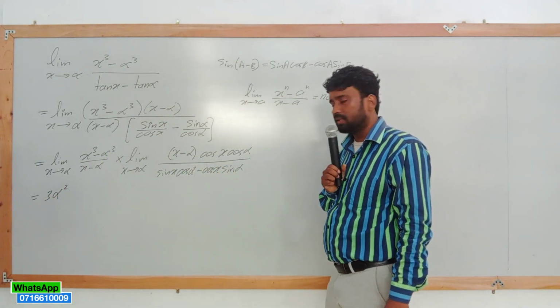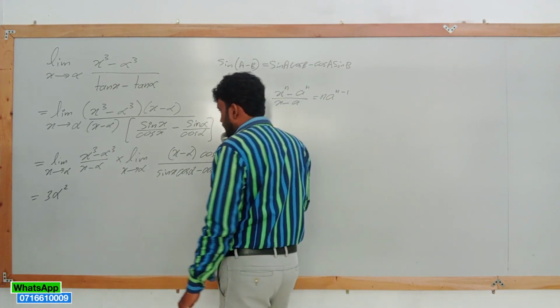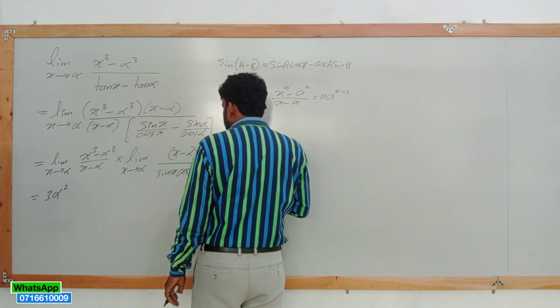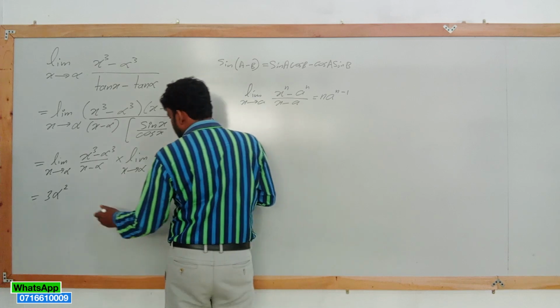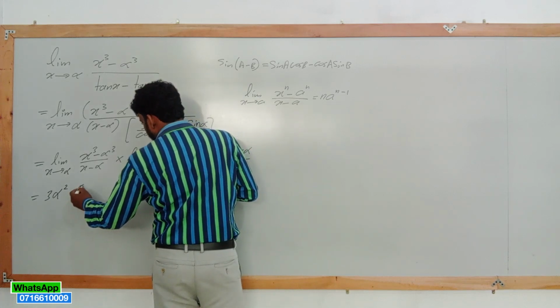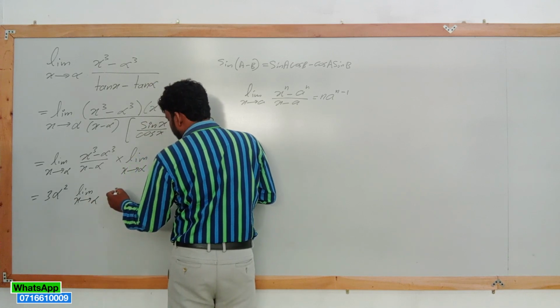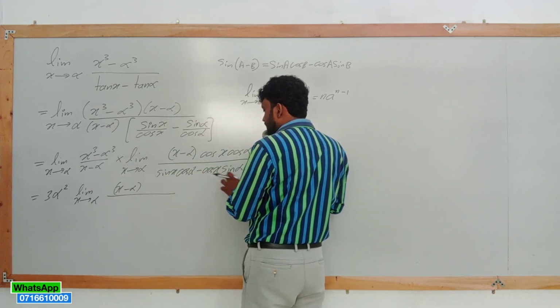3 alpha square, right? 3 alpha square. That is the answer like that, right? Here, what about this one? Limit x goes to alpha, here x minus alpha, divided by sin x cos alpha minus cos x sin alpha.